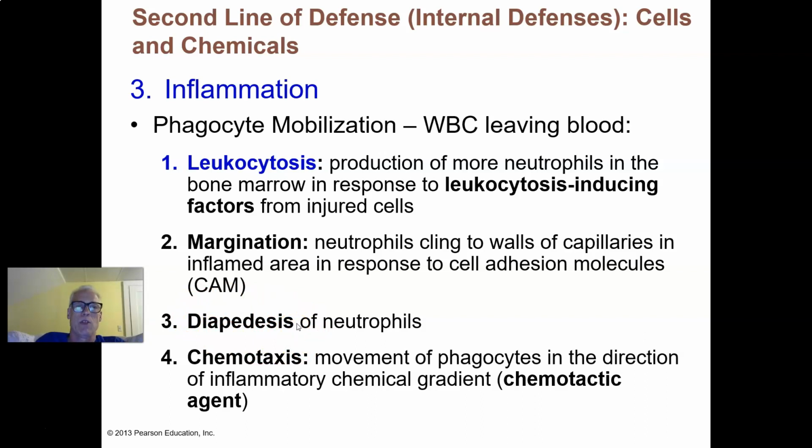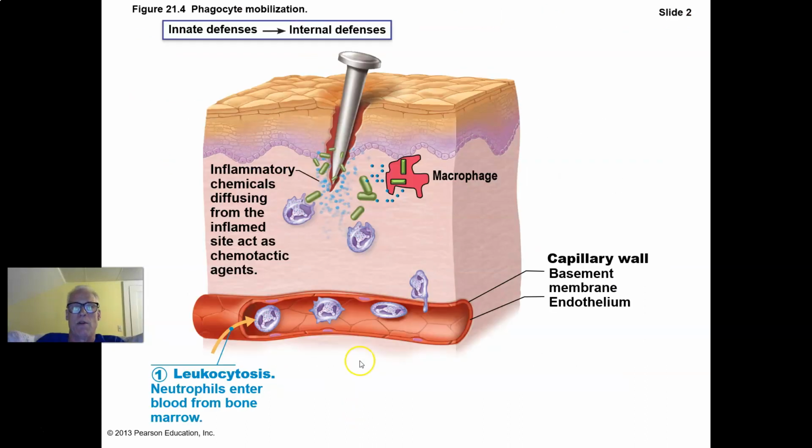They probably produce some proteases that allow them to break down just a little bit of the connection between the cells and the extracellular matrix and get out of there. And then they have a scent. They follow the concentration gradient of inflammatory chemicals being released from actors at the scene of the inflammation, and that's called chemotaxis, following a chemical gradient that the neutrophils can respond to.